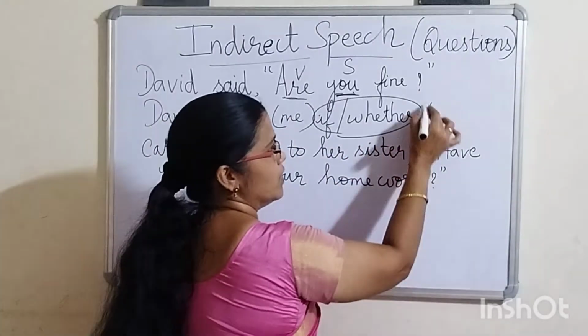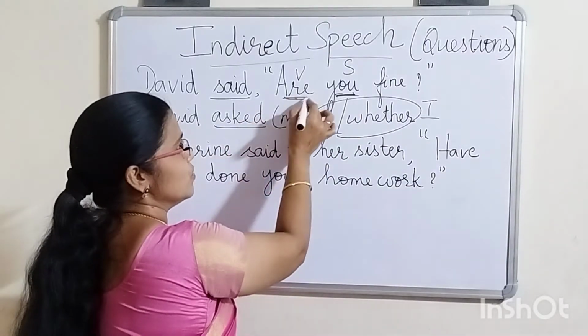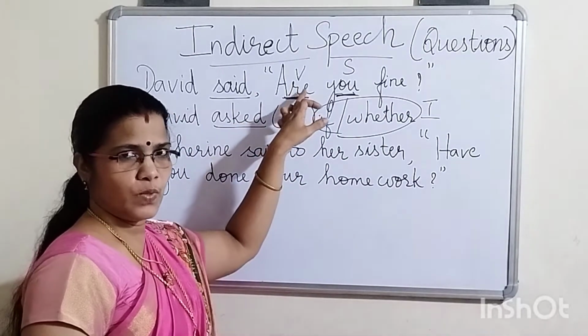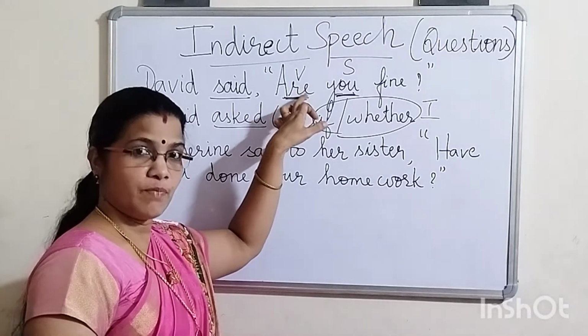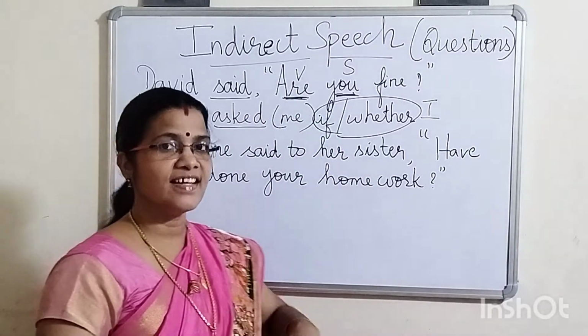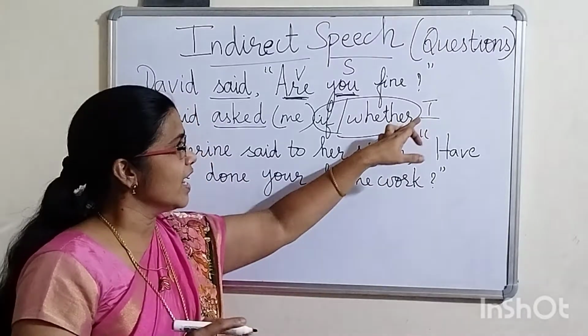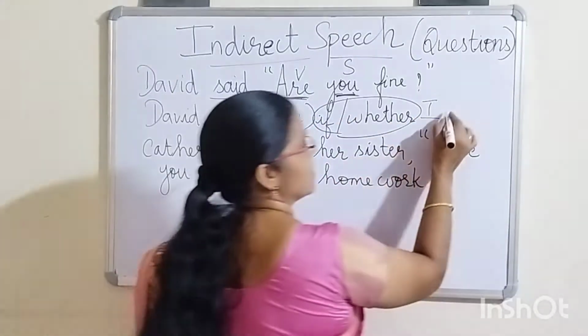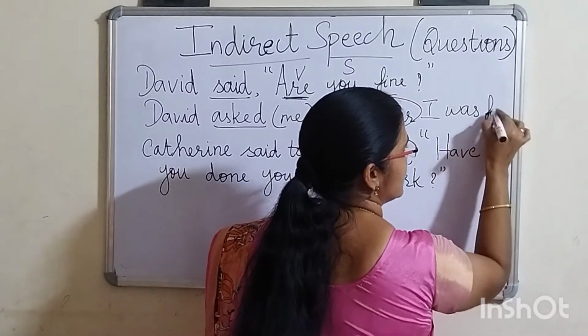So that should be converted to I. If I, now you should use the correct form of this verb. This is present tense are, right? Your question is in present tense, and when you write the answer, you're going to write it in past tense. So how do you write it? I was. Whether, if I was.